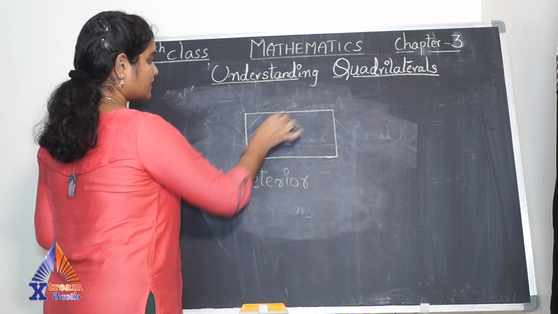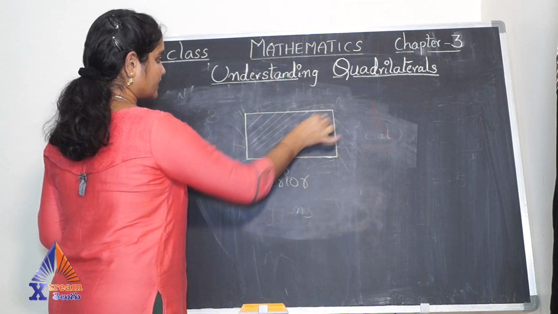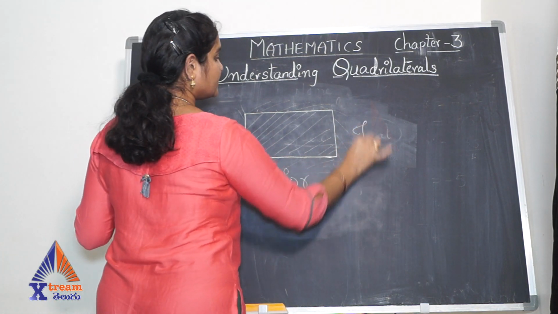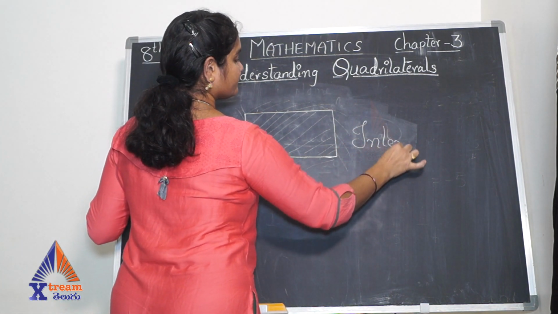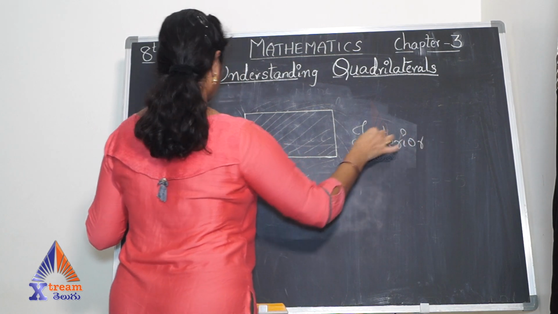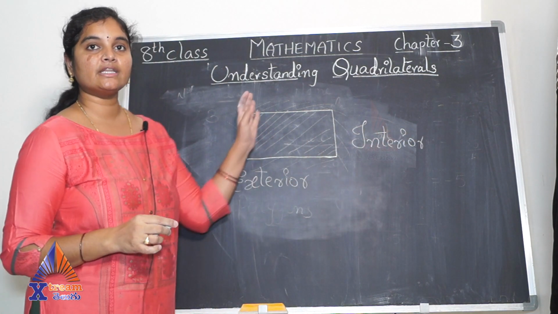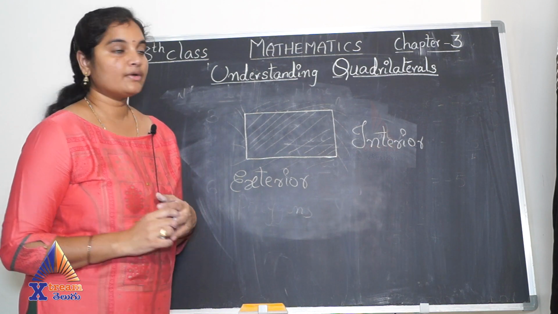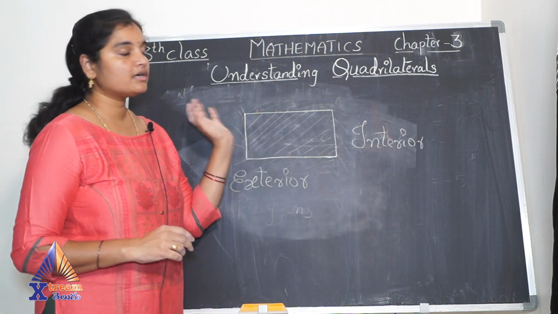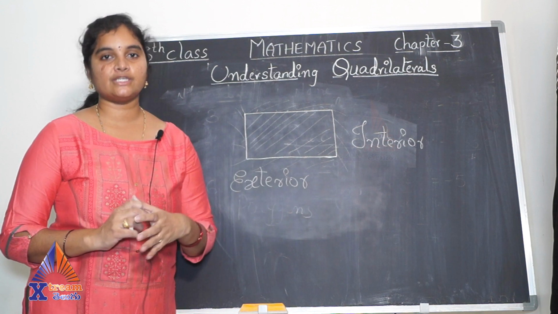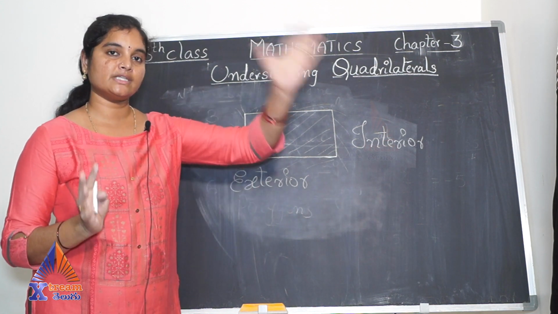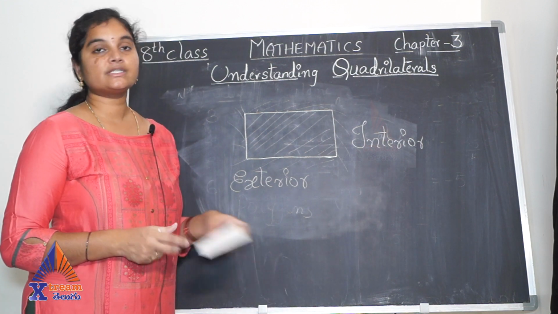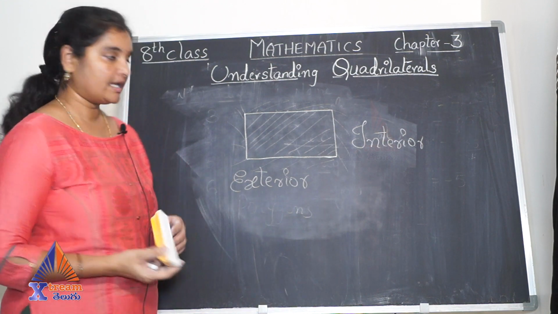The inside part of the rectangle is called the interior. So a figure is divided into two portions, exterior and interior, and we should be able to understand what is interior and what is exterior.